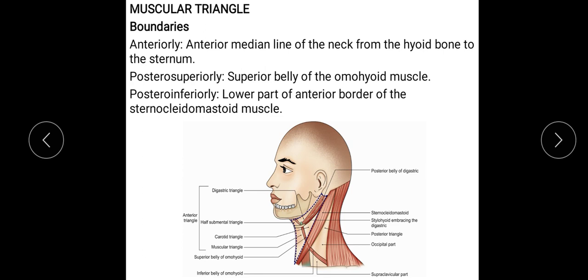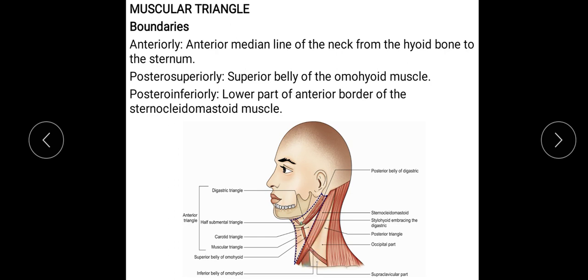And lastly is the muscular triangle. This triangle just below the hyoid bone is the muscular triangle. The boundaries: anteriorly, it is formed by the anterior median plane of the neck from below the hyoid bone to the sternum. Posterior superiorly, it is formed by the superior belly of omohyoid muscle.